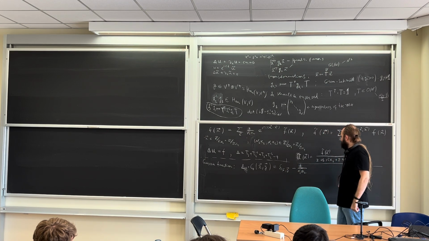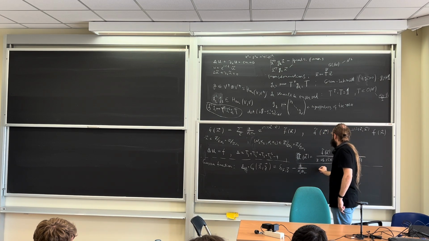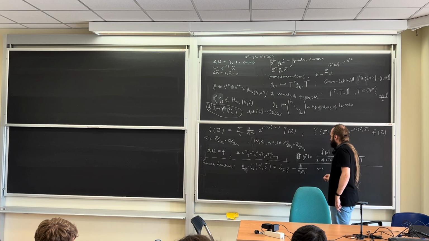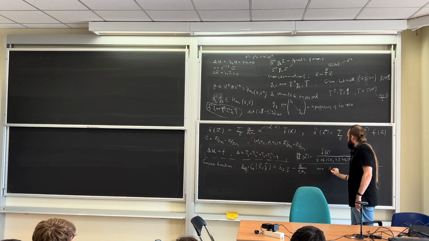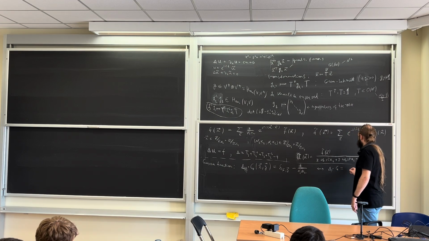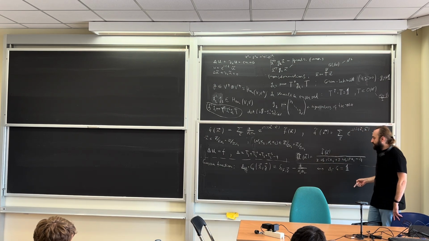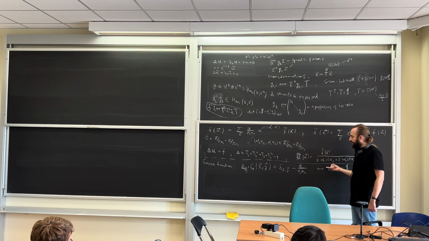Which is equivalent to the statement that the product of the Laplacian and this Green function is the identity operator on the space of functions with zero sum of values.